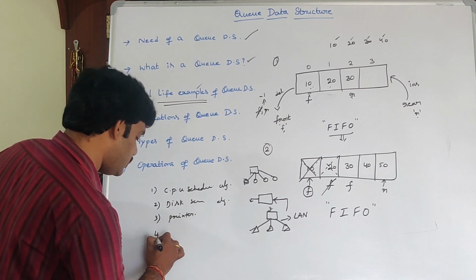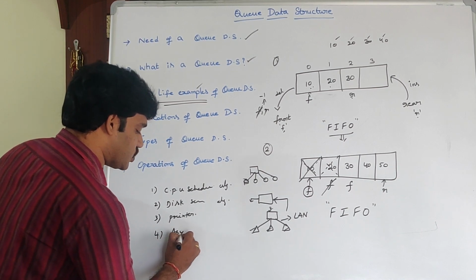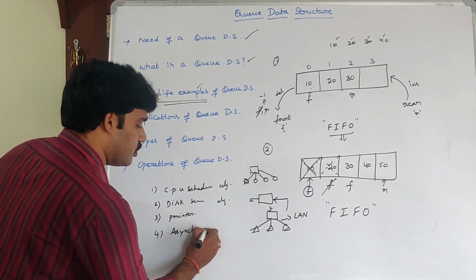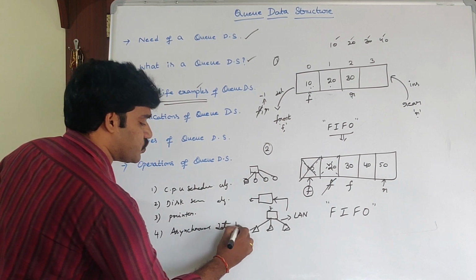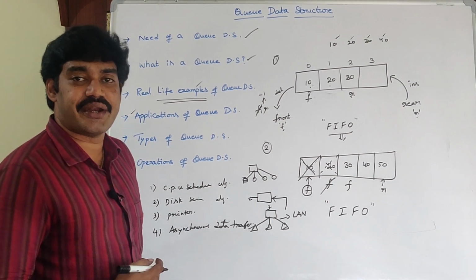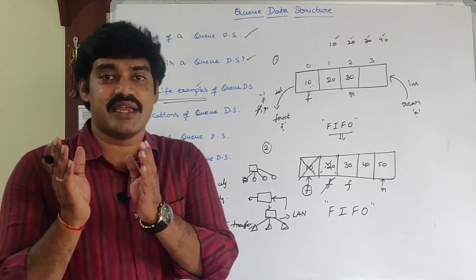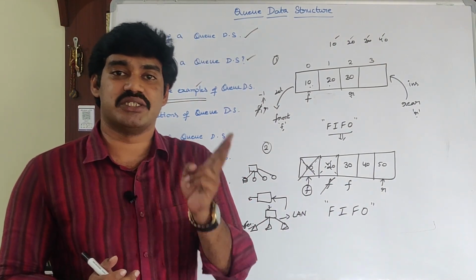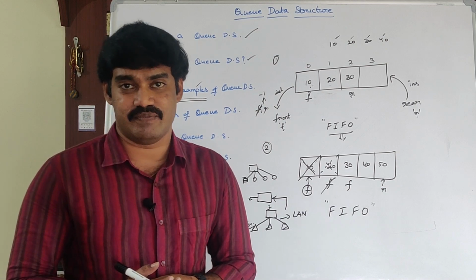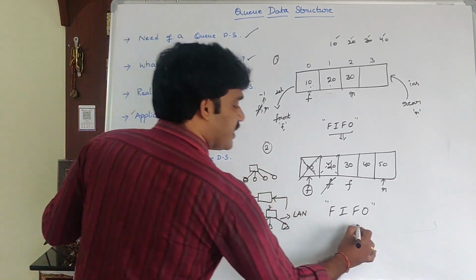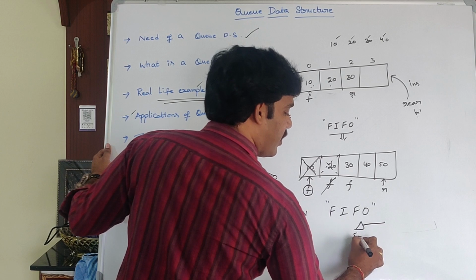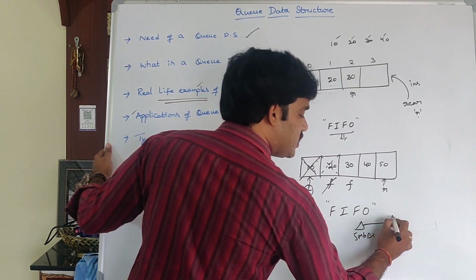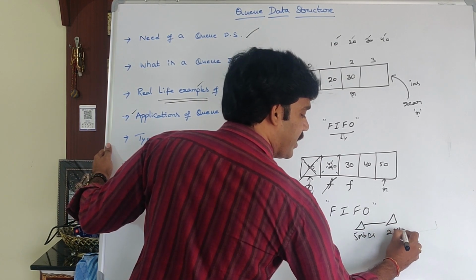Next, asynchronous data transfer. Asynchronous data transfer means when a sender is sending at a rate of 5 Mbps, whereas the receiver capacity is only 2 Mbps.